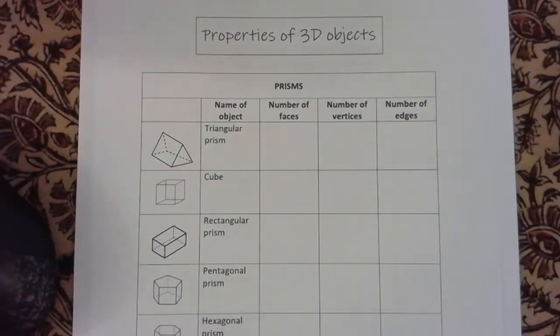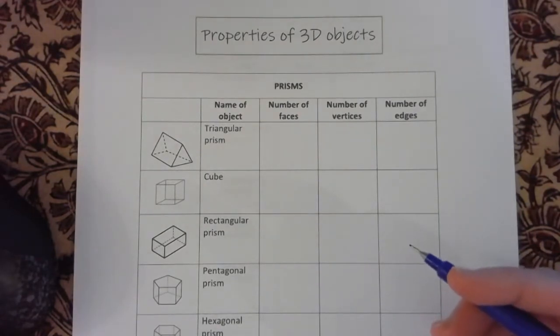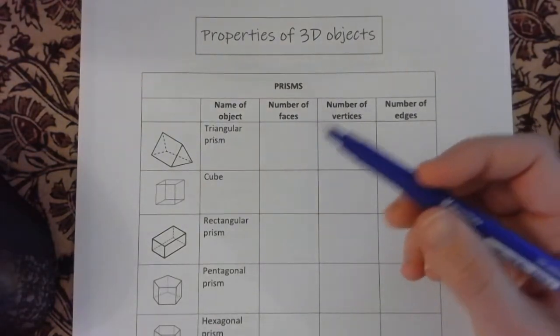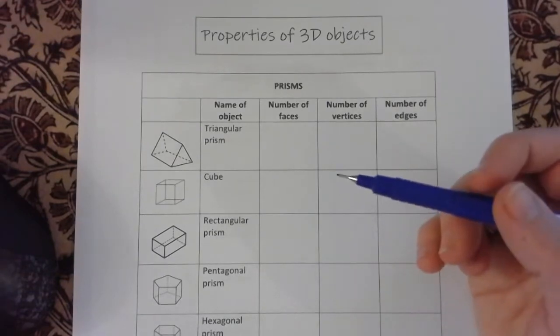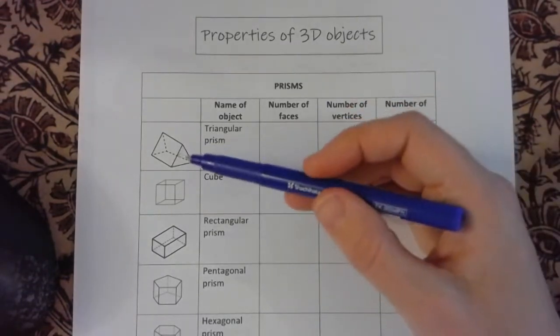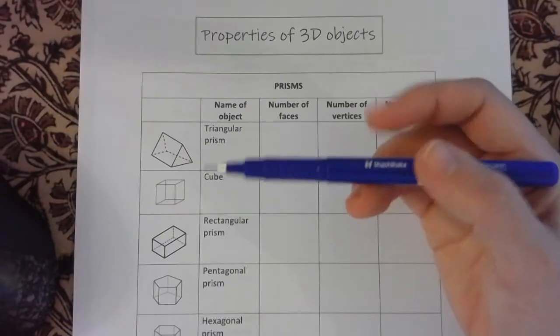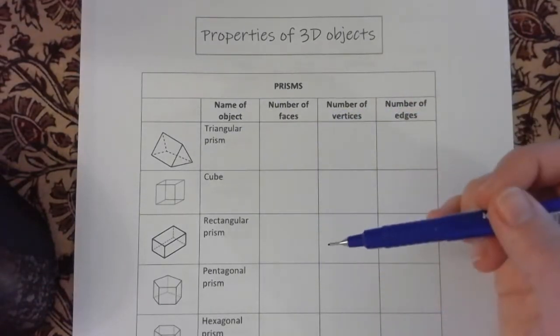We're going to look at the properties of 3D objects. We're going to use this table to fill in the information that we're going to collect about the 3D objects. I would like the children to copy this table into their books. They do not have to copy the pictures of the 3D objects, but I want them to copy the written part of the table.